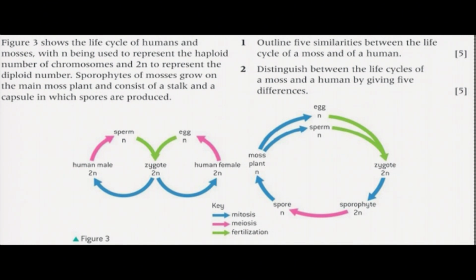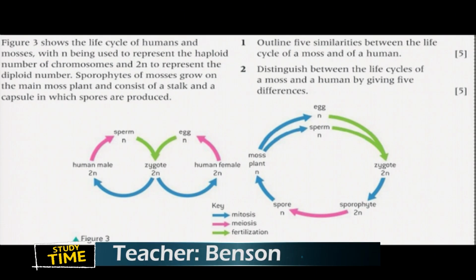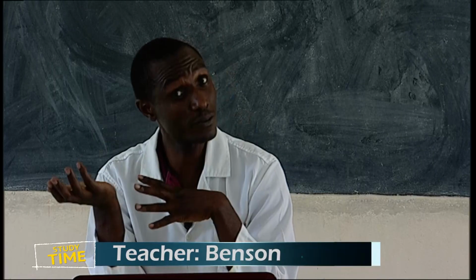Showing both their haploid numbers of chromosomes and the 2N to represent the diploid condition, twice the amount. So the pairs. So we talk of 23 pairs, oh, that is 46 chromosomes in total. We talk about 6, then in total this would be 12.